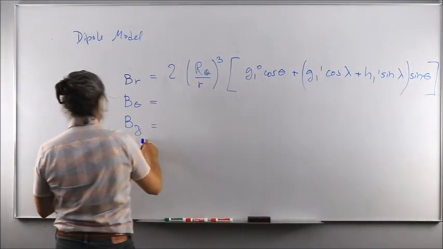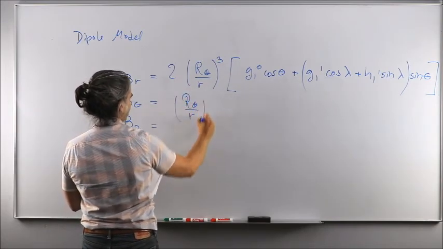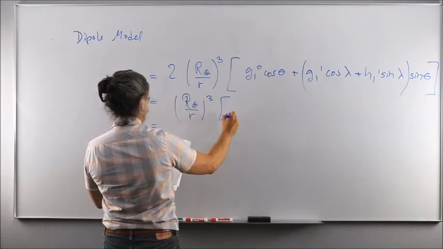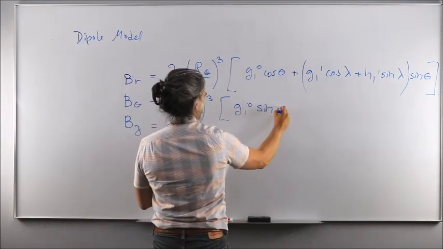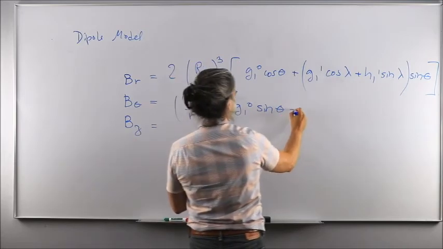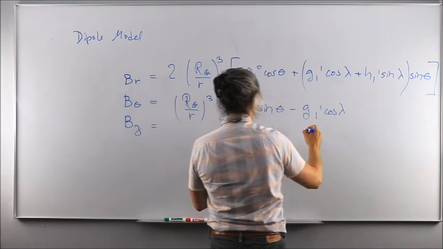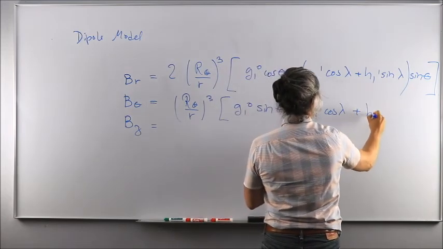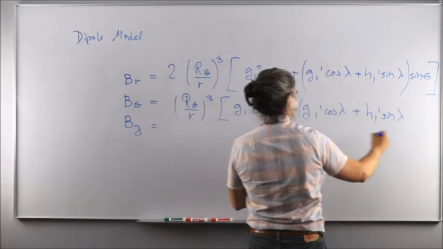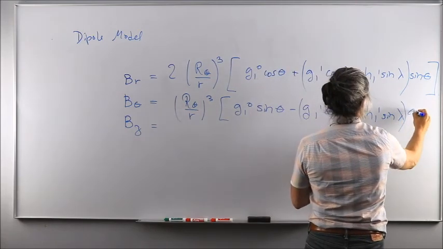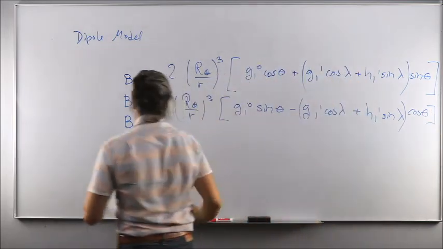For B theta, you would get a similar relationship, this cubed times G10 sine of the angle minus G11 cos of longitude plus H11 sine of longitude, all this cos of co-latitude angle.